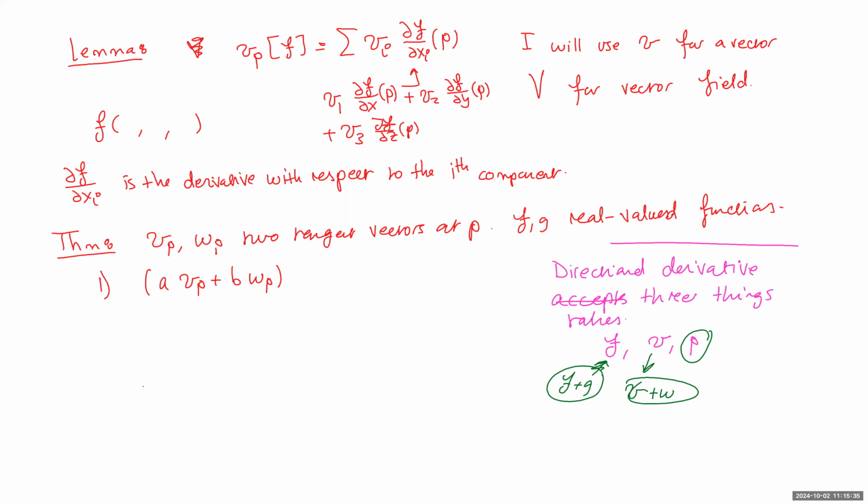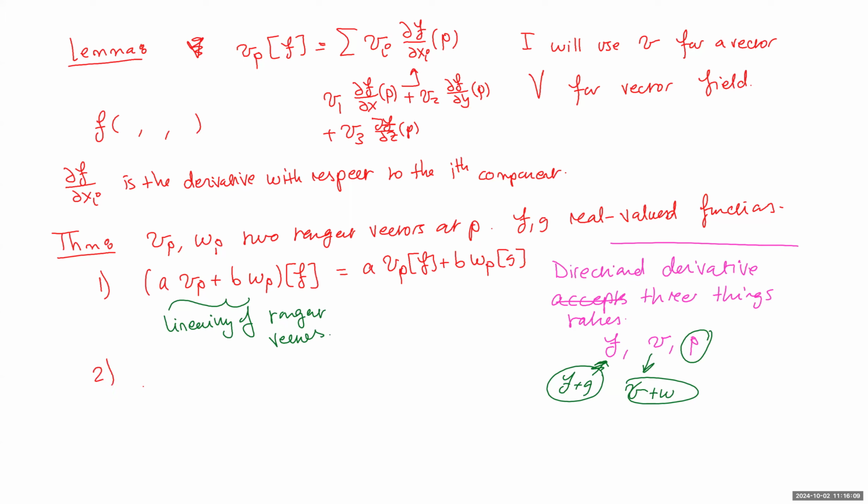And that's what this theorem says. So it's the linearity. So here, this is linearity of tangent vectors. And we have another one which is going to be linearity with the other. So here we will have a VP, we apply f, plus b WP, we apply g.